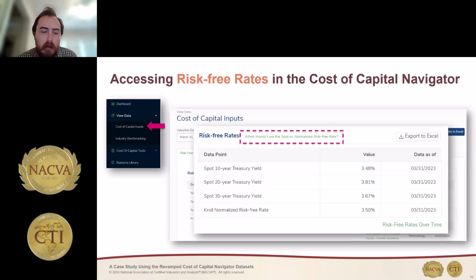There's going to be some level of determining which do I use, when is it correct to use the spot, when is it correct to use the normalized yield. So we try and provide some guidance here built into the app, but in terms of some of the theory behind them more generally, what is the normalized risk-free rate? Carla will talk a little bit about that right now.